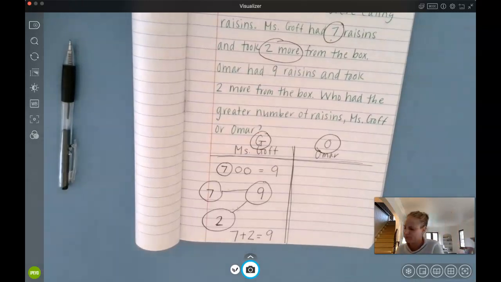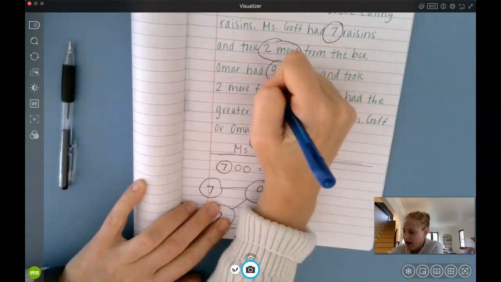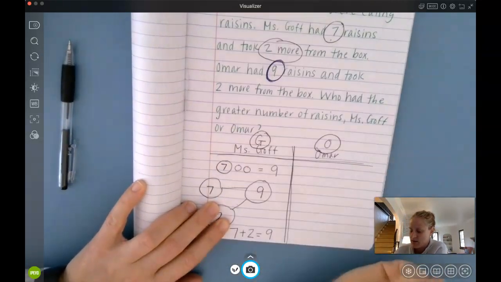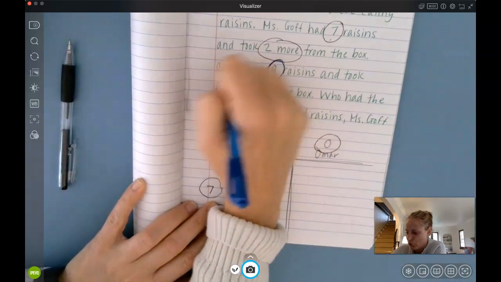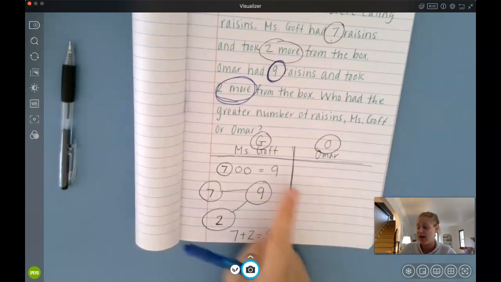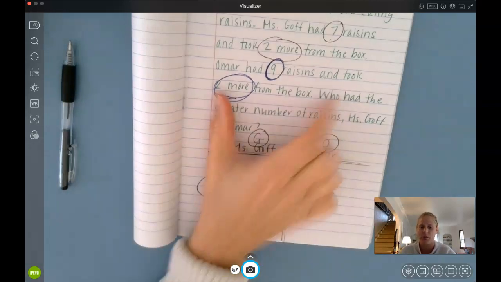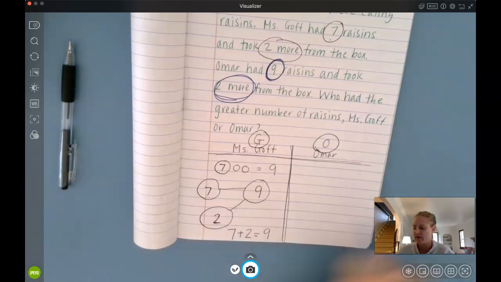Let's reread. Omar had 9 raisins and took 2 more. I'm going to give you 1 minute to show me how many raisins Omar had. You could use any of the strategies you see here. 1 minute. Pop it down. Go.